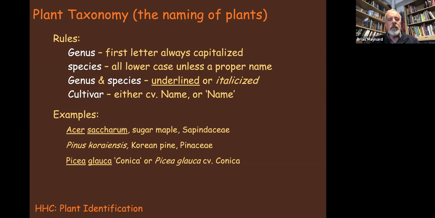And then Pinaceae. And then there's an example at the bottom line of properly writing the cultivar name if you're using that in your communications. So this is different ways of naming plants and organizing them into different taxonomic categories, classifications that we can use to keep track of what we're identifying.